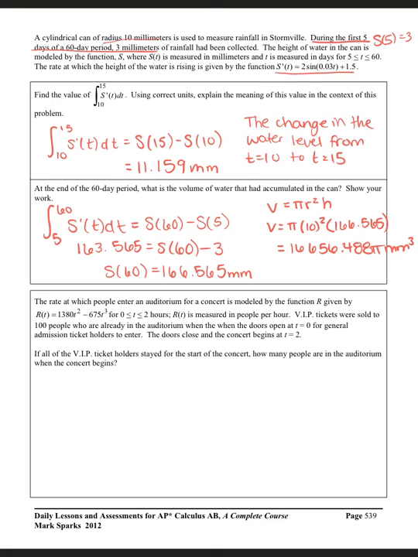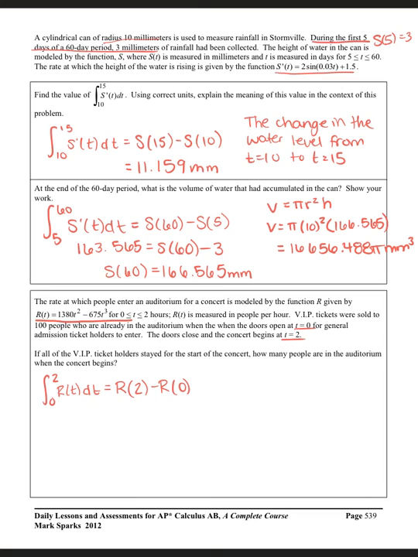So it wants to know the number of people. We are given the rate at which people enter the auditorium. So we need to integrate that. So we know that time starts at 0 and the doors close at t equals 2. So we set up our integral from 0 to 2 of r of t. So we know r of 0. We don't know r of 2.